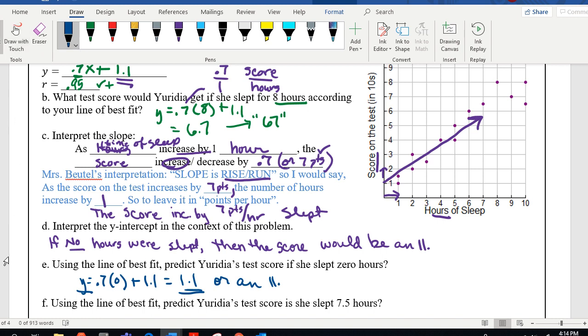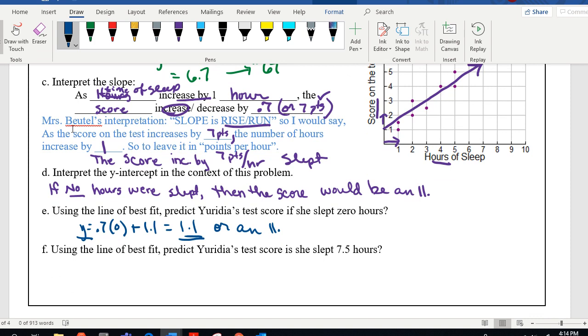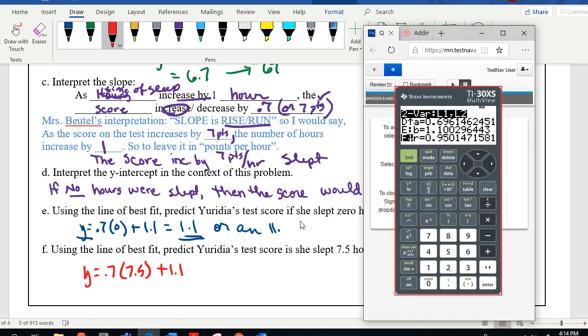All right, using the line of best fit, what is Eurydia's test score if she slept 7.5 hours? Well, that's where you're going to say y equals 0.7 times 7.5 plus 1.1. Now, I've got to grab my calculator because I don't want to do this math in my head.